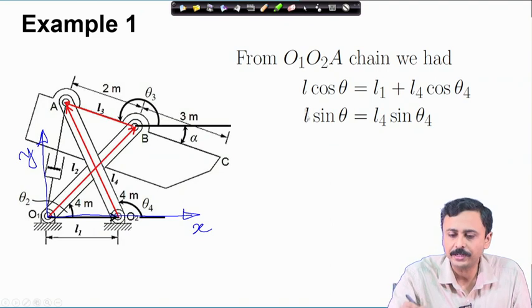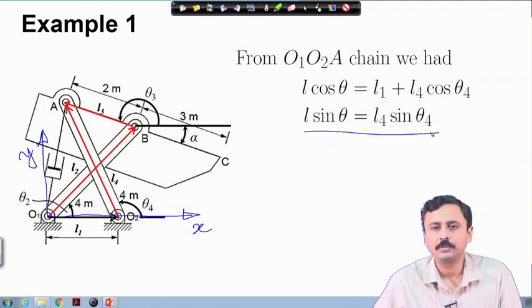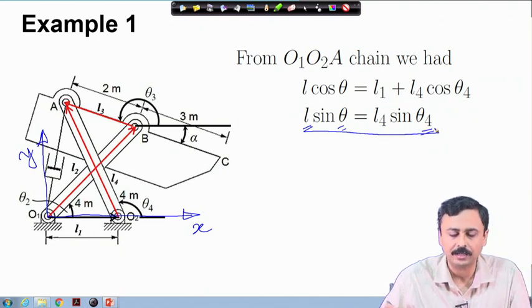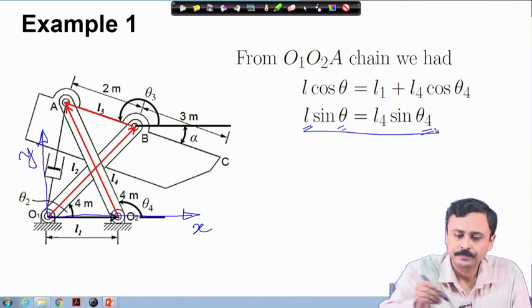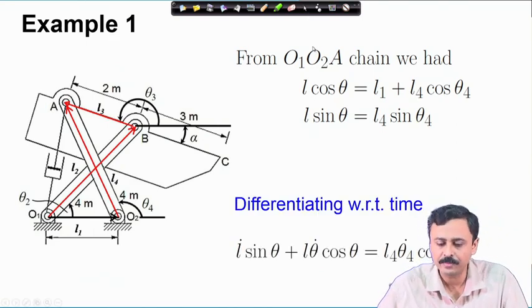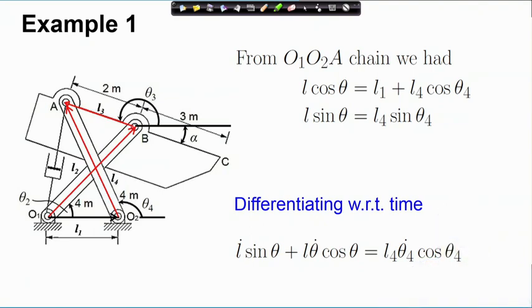Now, if you differentiate this equation with respect to time, here you note that L and theta 4 are functions of time. So, if you differentiate this with respect to time, you obtain this relation which involves L dot, theta dot and theta 4 dot. Of this we only know L dot.